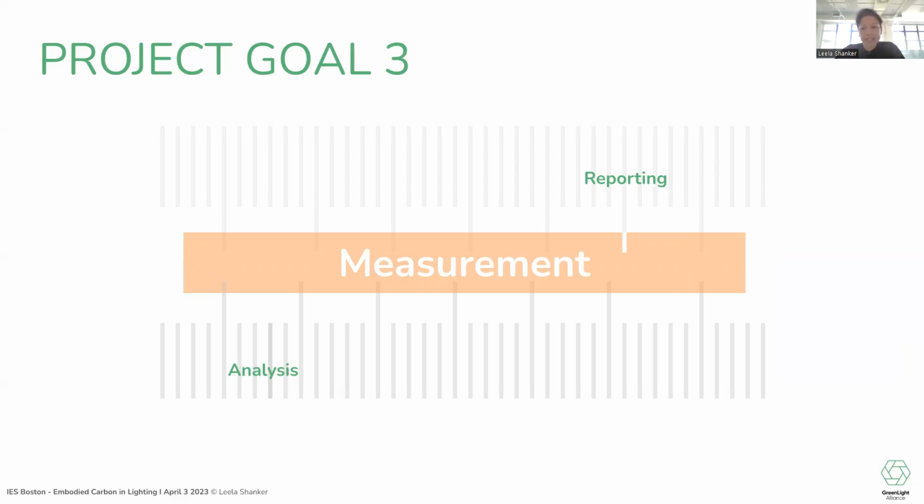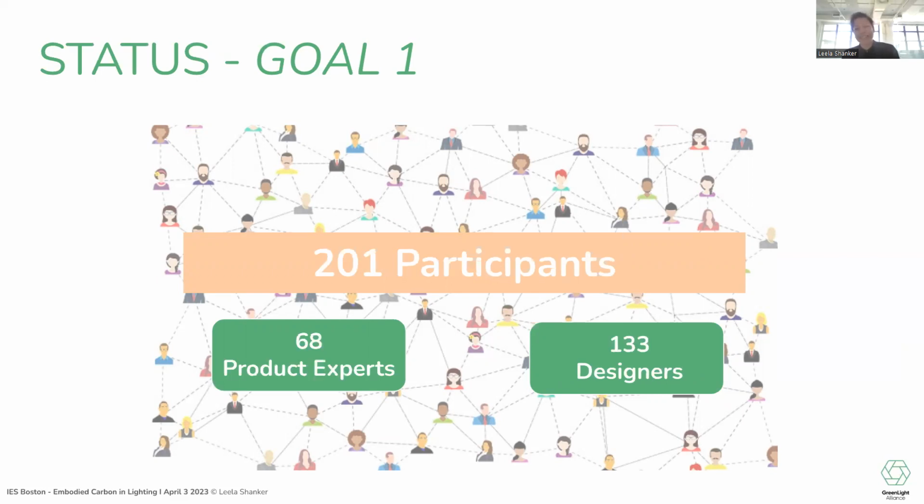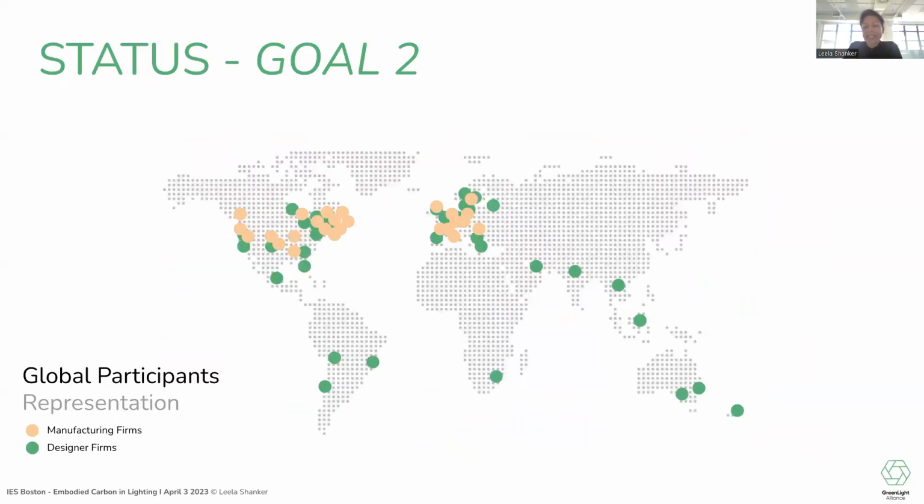The next slide shows you that, actually it's gone up now, it's 28 manufacturers participating and designers from 64 firms. The next slide shows you that that's over 200 individuals putting their minds to this, which is really exciting. And that means, on the next slide, that we can start to get the best ideas filtering through from around the world.